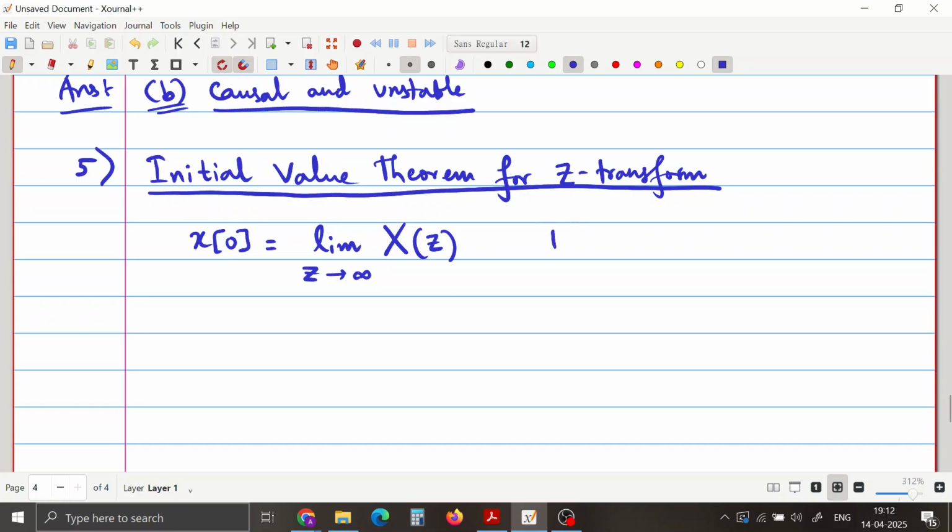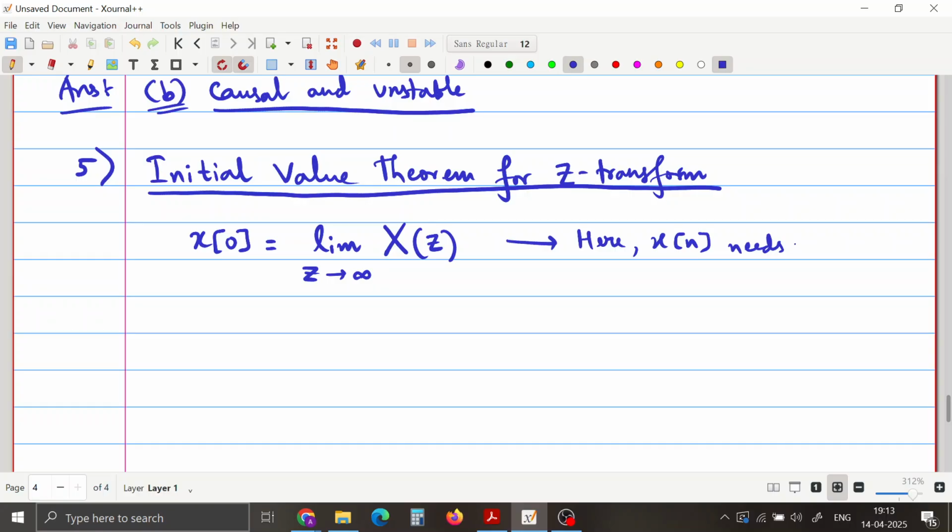This holds true here. X of n, the time domain signal or sequence, which we often use in the context of discrete time.